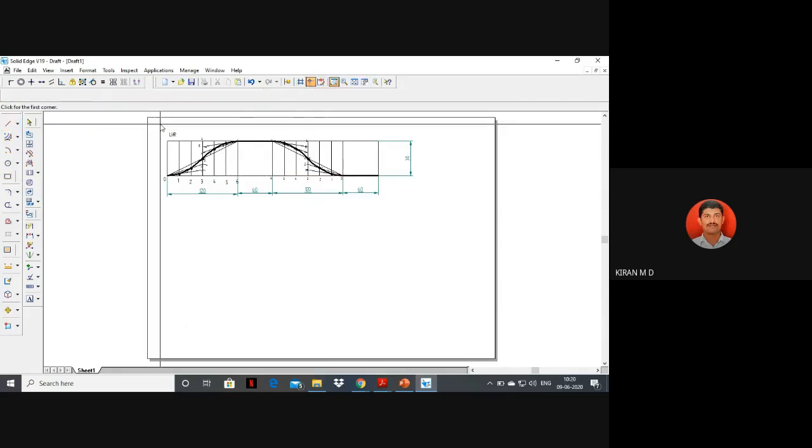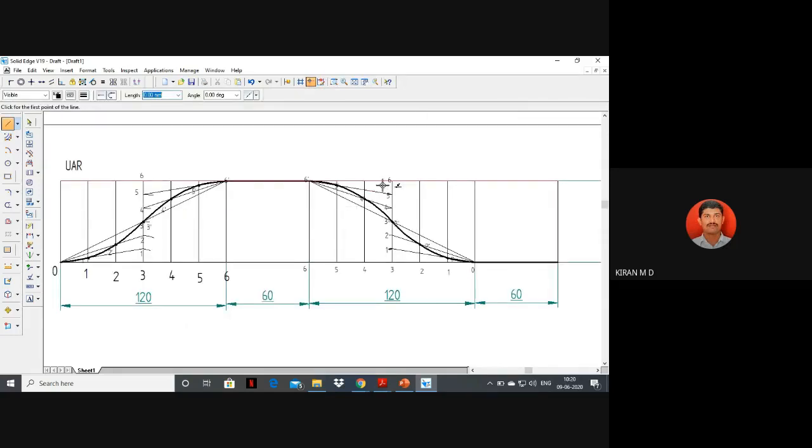Is it clear? This is the displacement diagram for uniform acceleration and retardation.